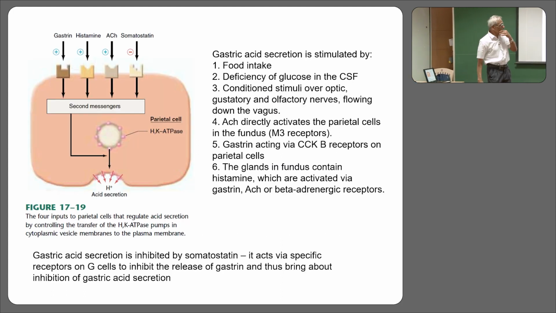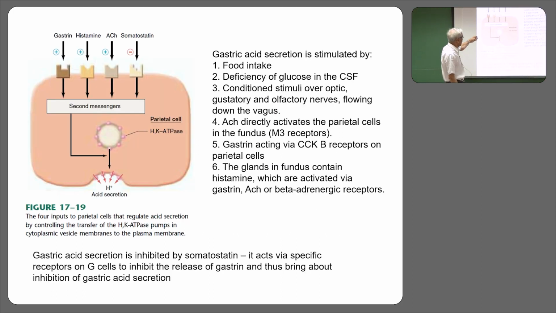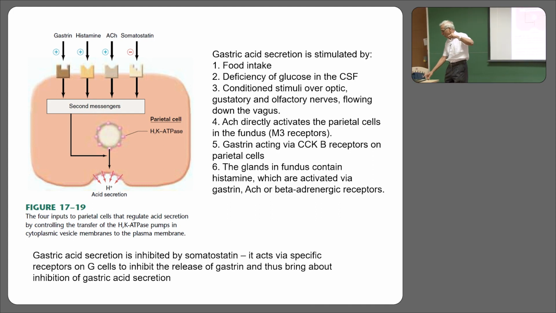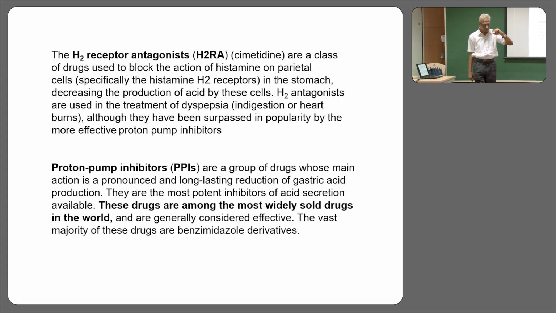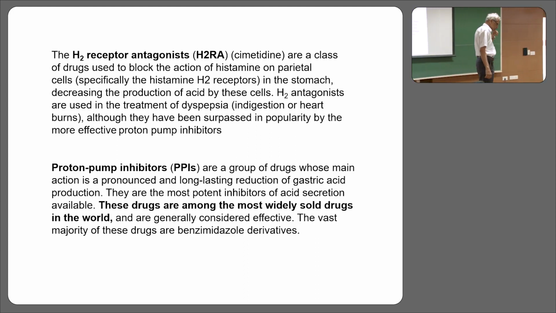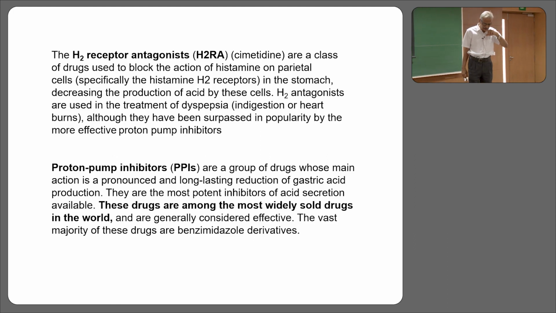So this is the summary of what we have done. We are looking at the acid secreting parietal cell. The author has made our life simple. Gastrin, histamine, acetylcholine stimulate, somatostatin inhibits, and here is a list of the factors which will bring about the stimulation of the parietal cell. I spoke to you about this point in one of the previous lectures.